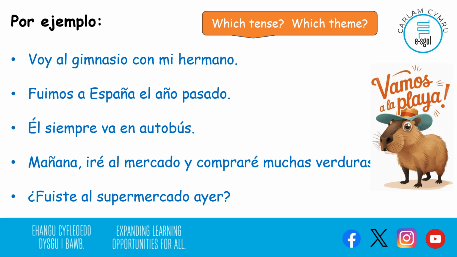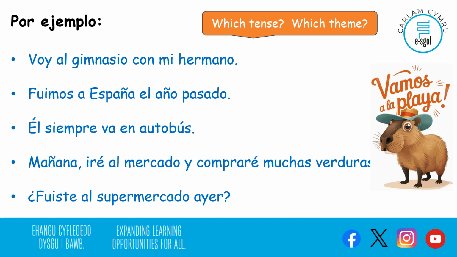Last one. ¿Fuiste al supermercado ayer? Okay, did you get that one right? So it's a past tense again, and it's a question. Did you go to the supermarket yesterday? So past tense, and the theme is food or perhaps leisure or travel.